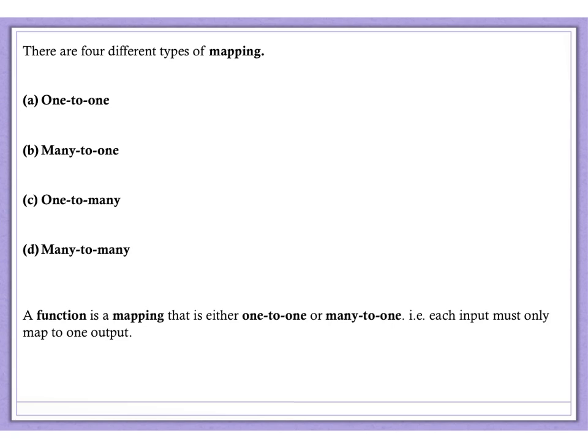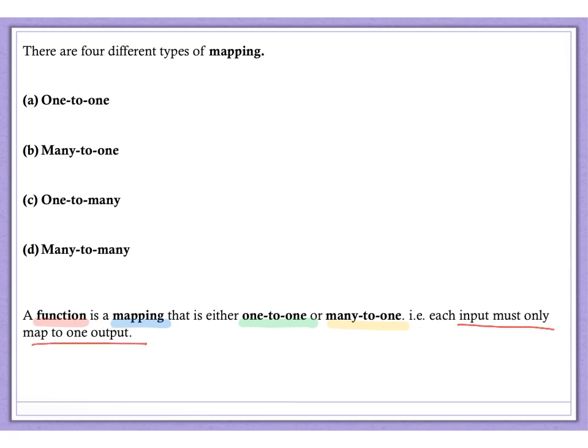Now, a function is very specifically defined as a mapping that is either one-to-one or many-to-one, i.e., for every input, there can only be one output.